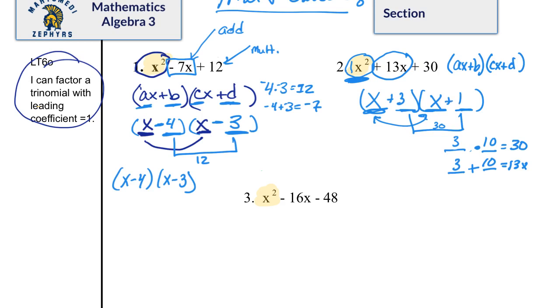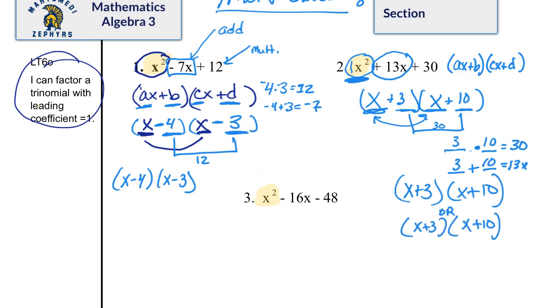So I put 3 and 10 in there, and I have my solution: x plus 3, x plus 10. It's okay if the 2 groups are switched. That's okay also.